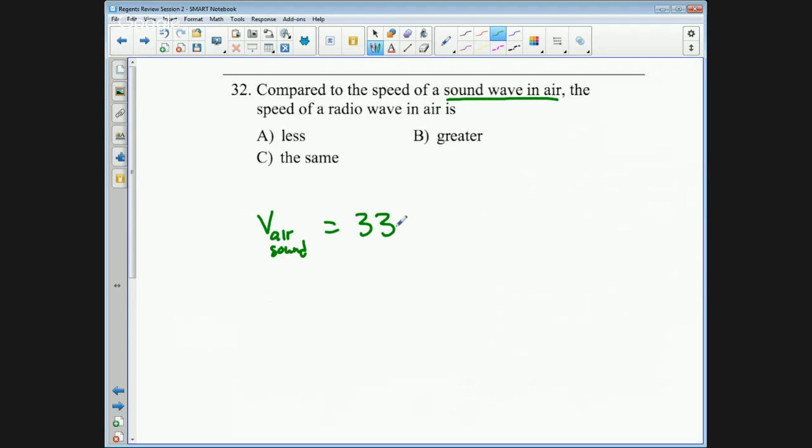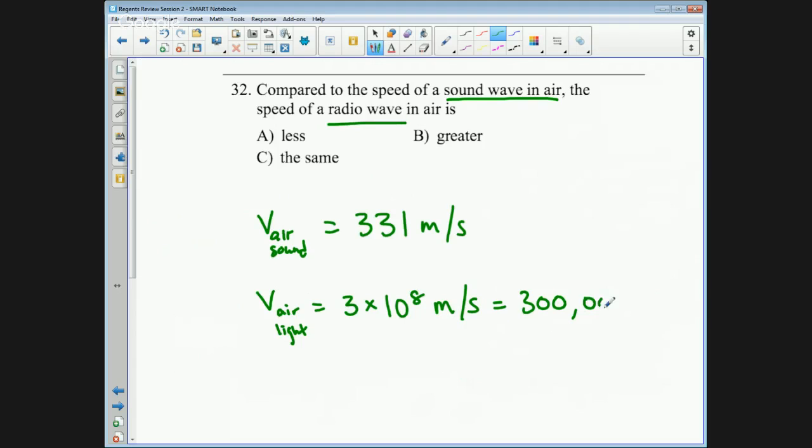On the reference table, it tells you 331 meters per second, and the speed for a radio wave, which is light, is much bigger at 3 times 10 to the 8 meters per second. Okay, this is 300 million meters per second. So therefore, the speed of a light wave is greater, much bigger.